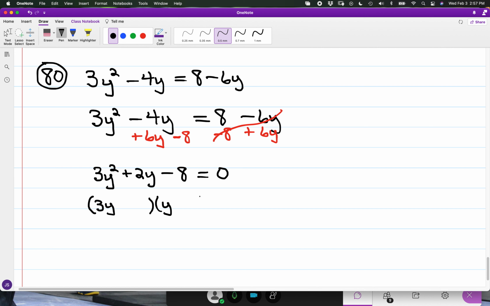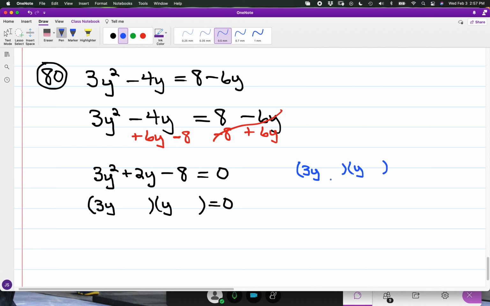If you factor, the easy part is from 3y squared, because 3y squared goes to 3y and y. You can do factoring by grouping, or you can also use trial and error. I want the outside and inside products to sum to positive 2y.